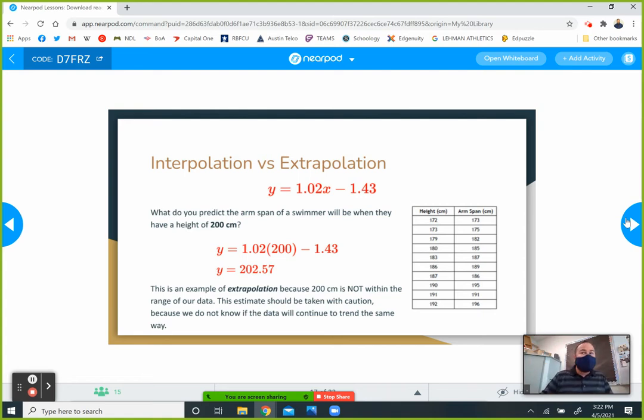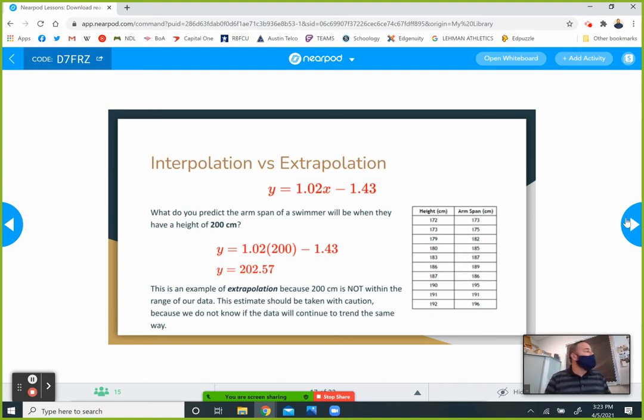However, we don't know for sure that that's always going to be the case. Is that always going to continue to happen? We could find more data, but based on this data alone, we don't know if it's going to continue that way. It could just level off. At a certain point, you get so tall that your arm span is only going to get so wide. Maybe. We don't know that. Or so short that your arm span is only going to get so small.